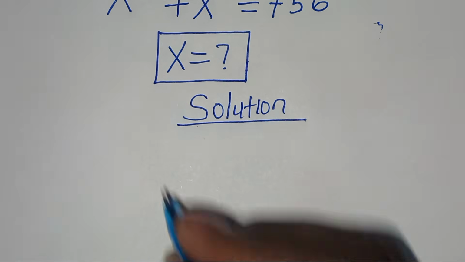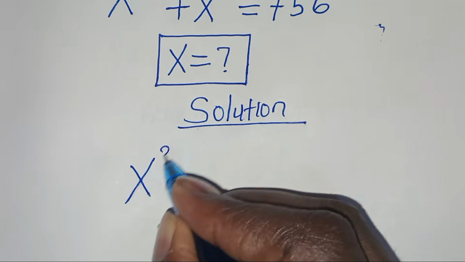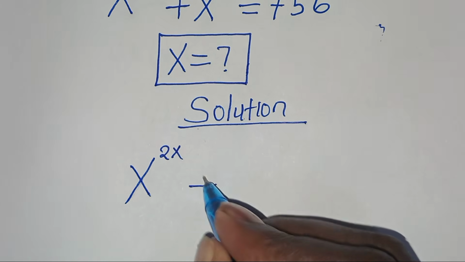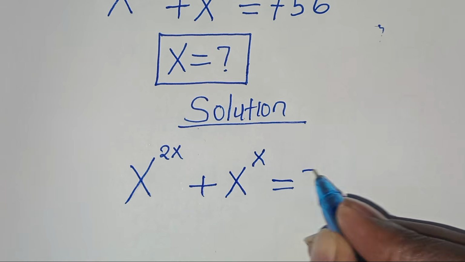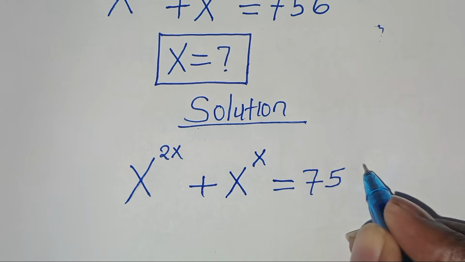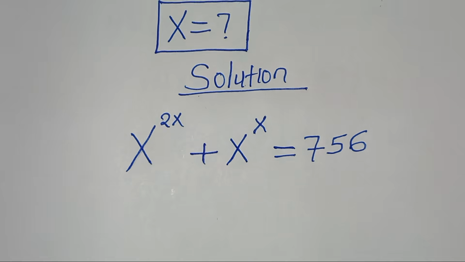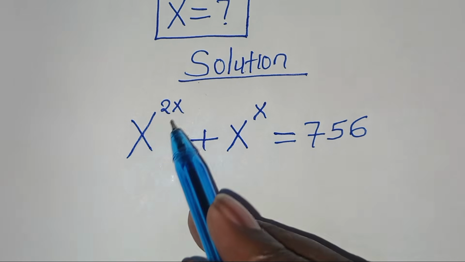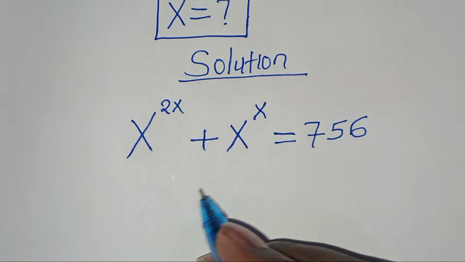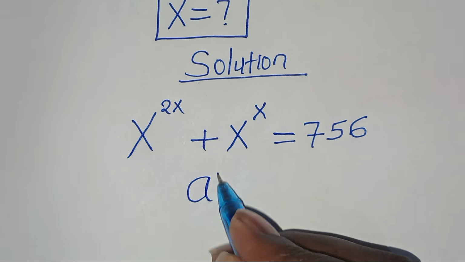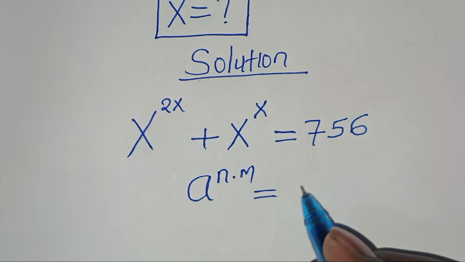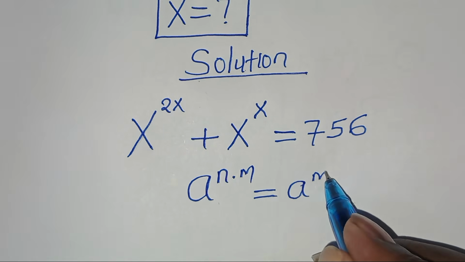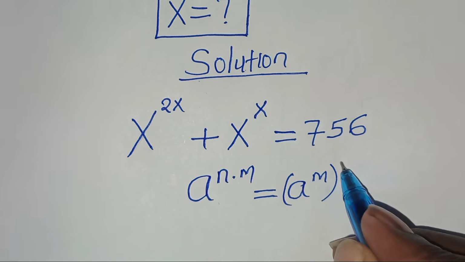Now we have x raised to the power of 2x plus x to the power of x equal to 756. Now the next step is that x to the power of 2 times x is in the form of a raised to the power of n multiplied by m, which we can express as a raised to the power of m, then raised to the power of n.